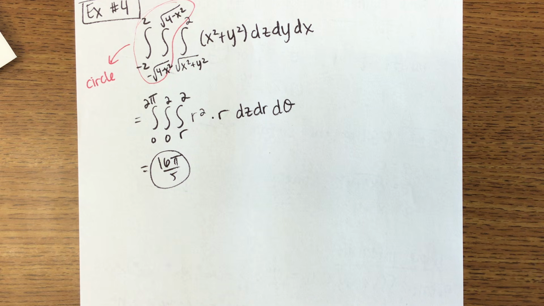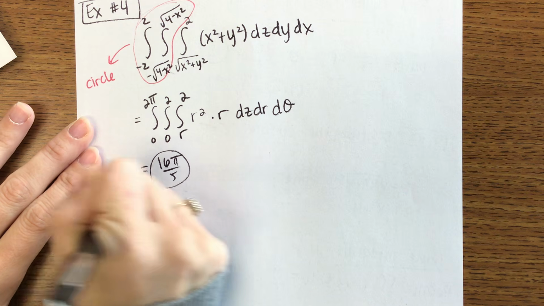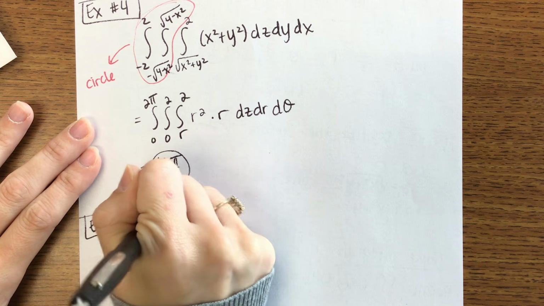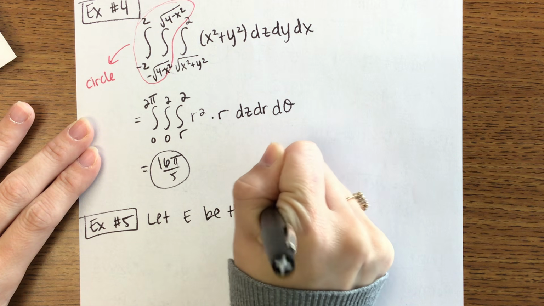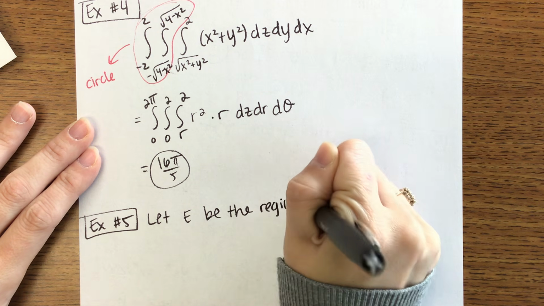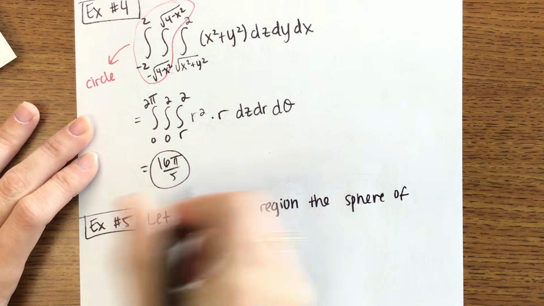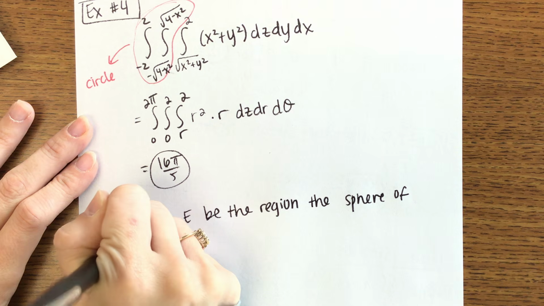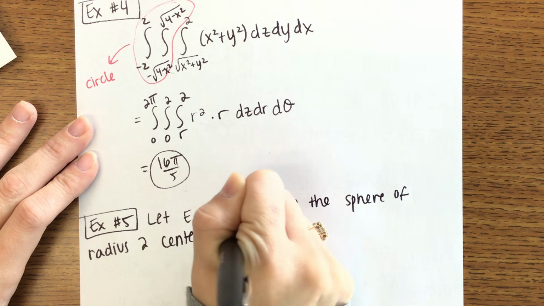Okay. Ready to do one more? Wonderful. Last example. We are going to let E be the region inside the sphere that has a radius of 2, and that is centered at the origin.